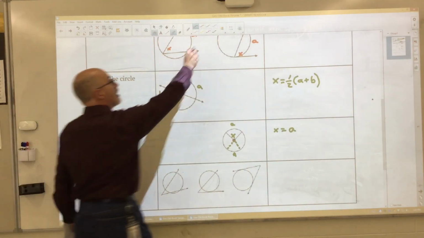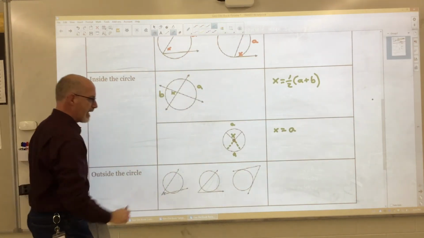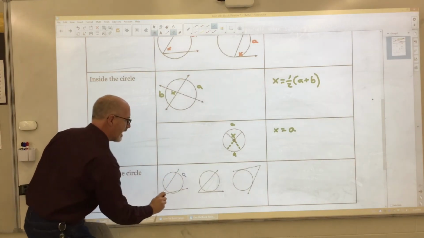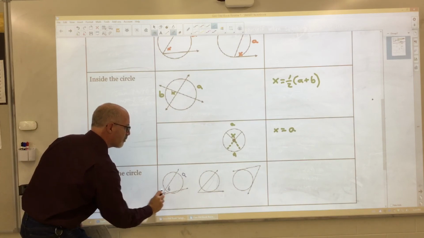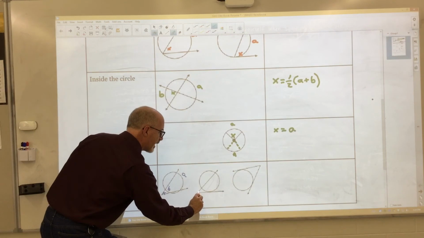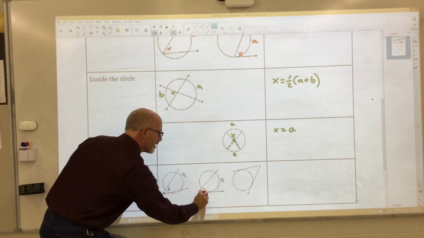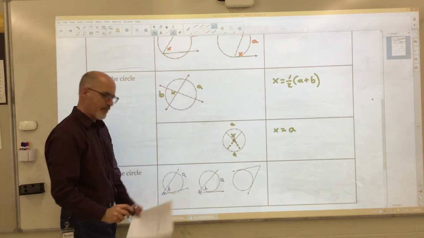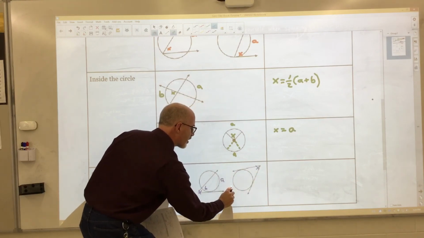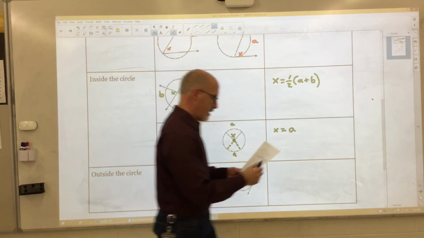If I call this angle X, and I call the far arc here A, and the smaller arc here B, it's important to know which one's bigger and which one's smaller. So in this one X is the angle, the larger arc is A, and the smaller arc is B. And do the same thing here, X is the angle, make the larger arc A, smaller arc B. In this case it's tangent and tangent.